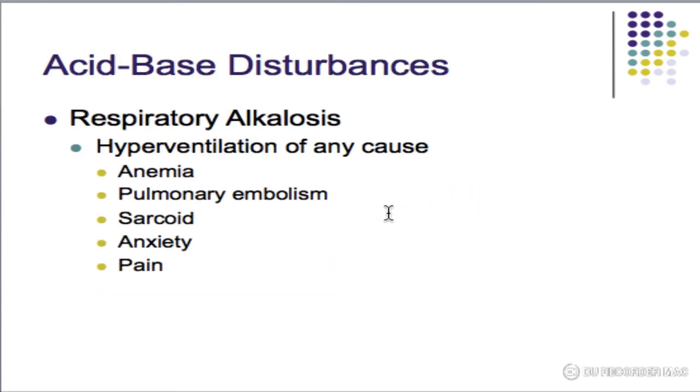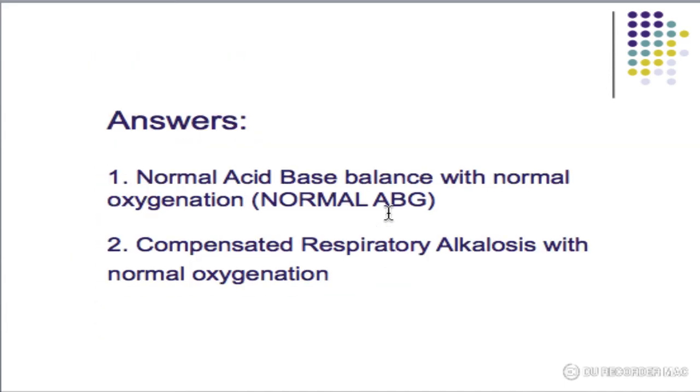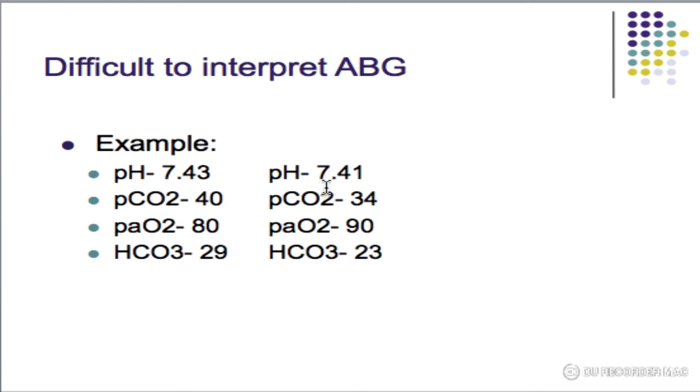It is considered to be the result will be normal base balance with normal oxygenation. Compensated, it is compensated respiratory alkalosis. Normal ABG with normal acid base balance with normal oxygen. Compensated respiratory alkalosis. Kasi yung partner ng pH mo within the normal range, 'di ba?